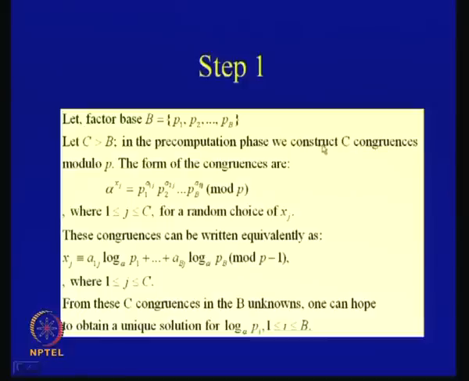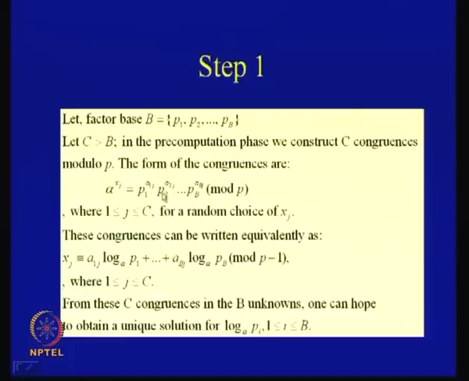Next what we do is that we choose some arbitrary value of xj, and find out the value of alpha power of xj. It is a random choice, okay, and we factor it out. When you are doing a prime factorization of alpha power of xj, the prime factors should belong to this factor base.